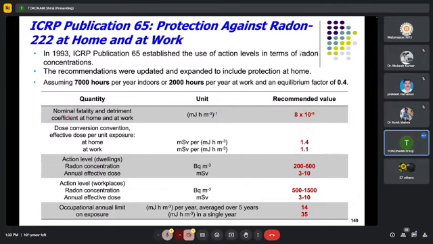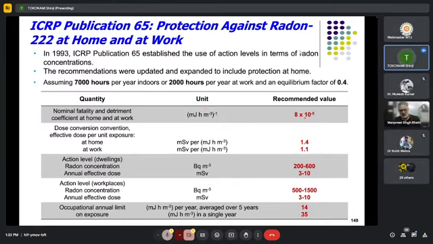Quantity: nominal fatal and detriment coefficient at home and at work. Unit: per millijoule hour per cubic meter. Recommended value: 8 times 10 to the minus 5.